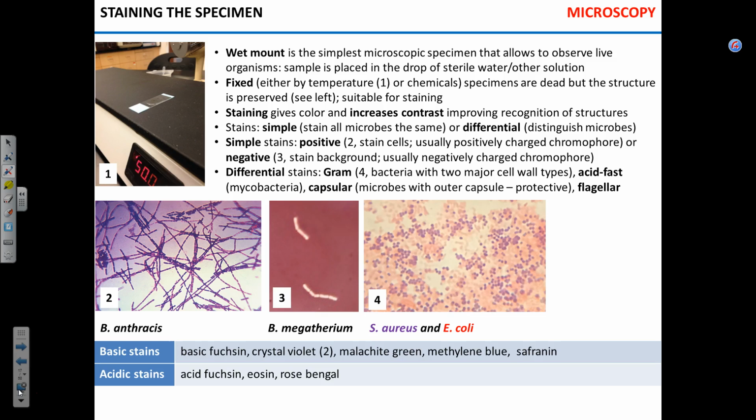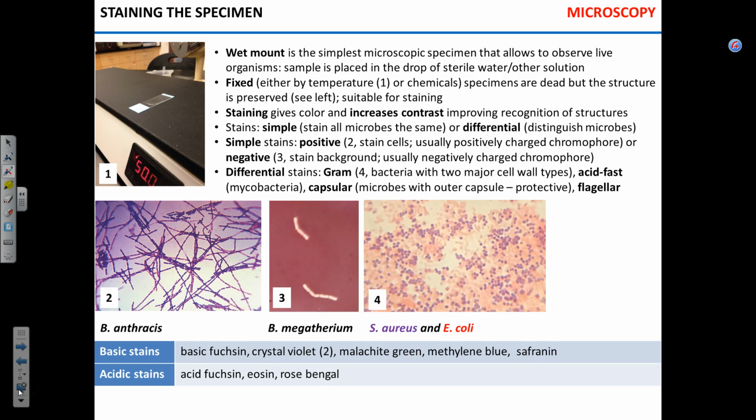And we talked that the samples that we look at under the microscope are mostly made of water. So contrast is kind of lousy. When we did a wet mount, you could see that, you know, it's far from perfect, those images, just naturally.